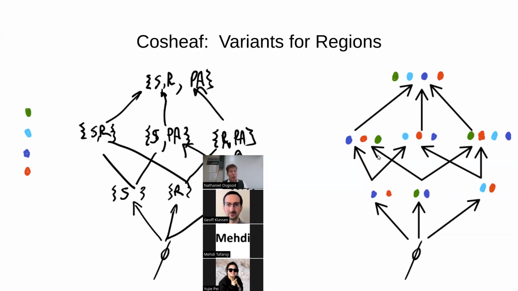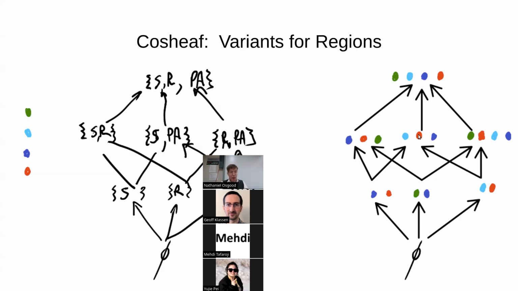But it's not like we have blue Saskatoon, blue Regina, red Saskatoon, green Regina. No. We have blue, we have red, and we have green, regardless of where they came from. So we accumulate. We accumulate for Saskatoon and PA. We accumulate for Regina and PA. And then similarly, this is an accumulation.